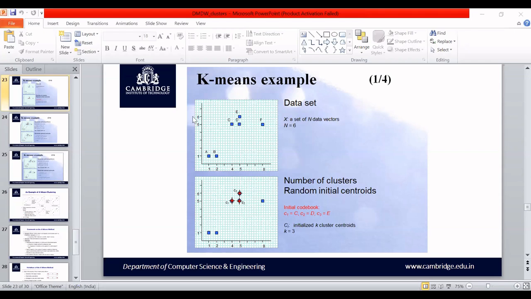Once I've written all the coordinates and identified the clusters, C1 has to be calculated with all the points, that is A, B, C, D, E, F. Whichever is nearer to that, I will add that point to that centroid C1 and I will compute the new centroid value.